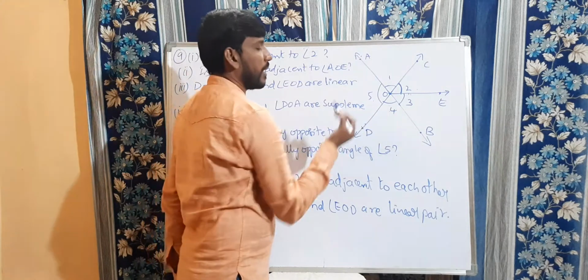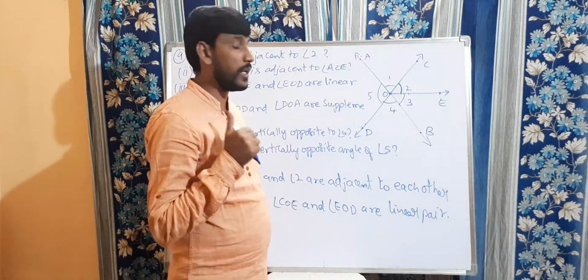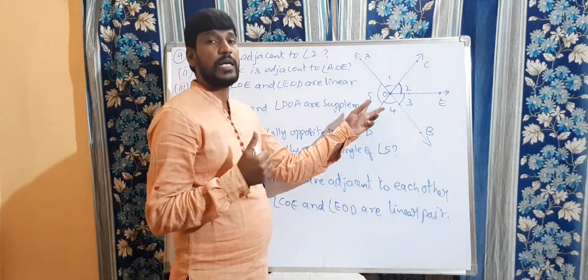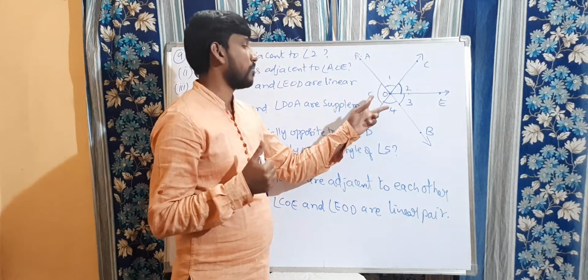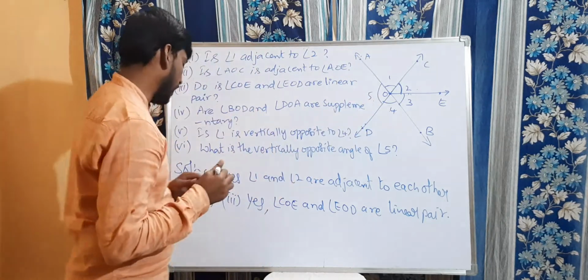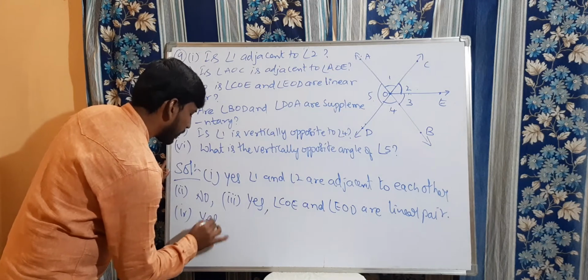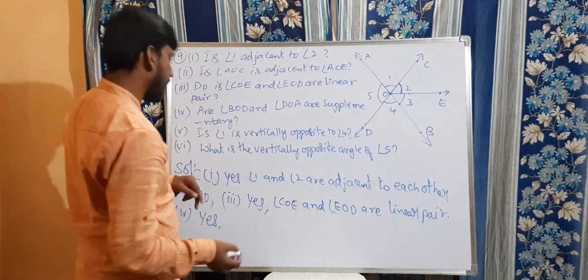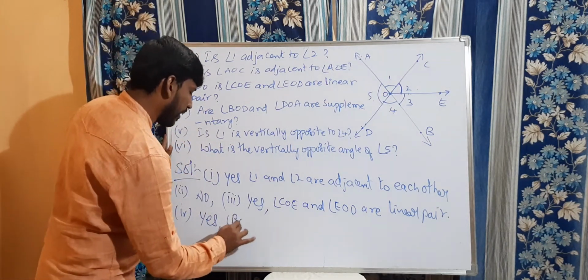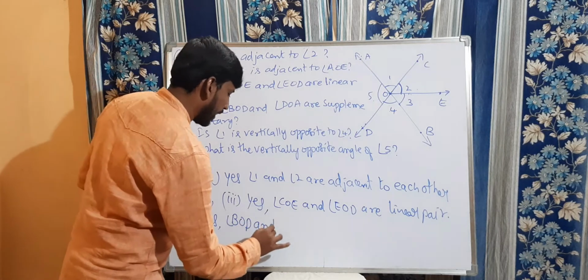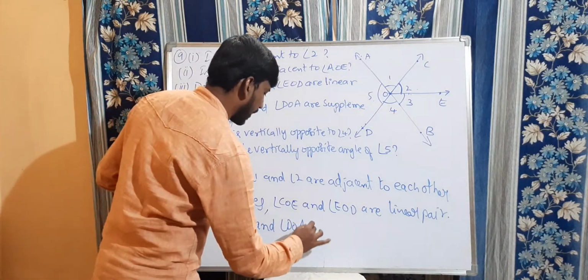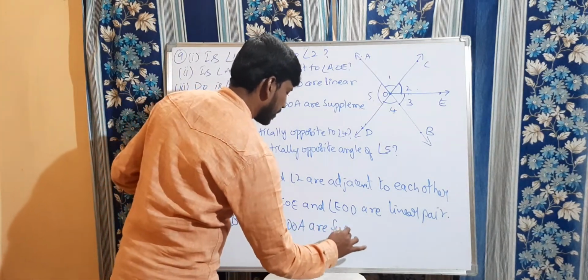Sum of these two will become 180. Why 180? These two are adjacent angles. These two are a linear pair. Sum of these two will become 180. So therefore the answer is yes. Angle BOD and angle DOA are supplementary.